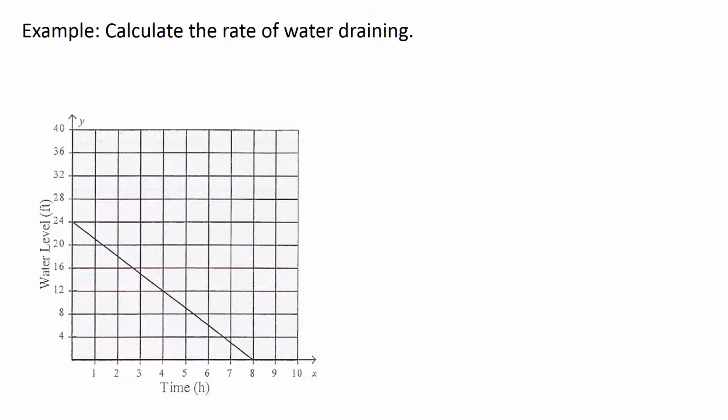Now let's actually calculate the rate of water draining from this graph that we've seen. The two things we need to know to calculate the slope are the rise and the run. We'll start by figuring out the rise, and we can see that because the graph is dropping, it's actually a negative rise or a fall, and it goes from 24 down to 0 feet.